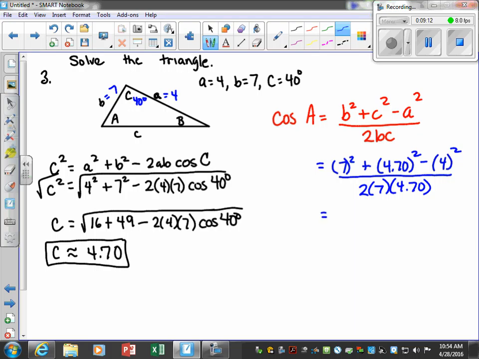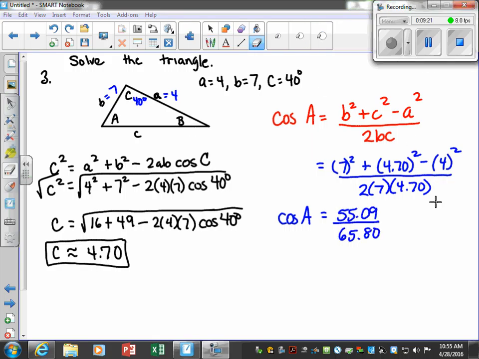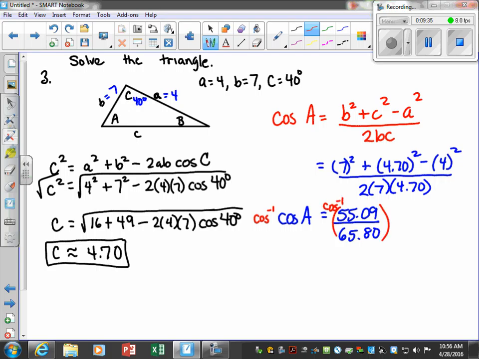Okay, and we'll put this in our calculator and we'll have cosine of A is equal to approximately, okay, if I simplify my numerator and simplify my denominator, next I will take cosine inverse of each side. Not a lot of room here, so cosine inverse of this entire fraction. Be careful to plug that in. We should find out that angle A is approximately 33.2 if I round to the tenths.